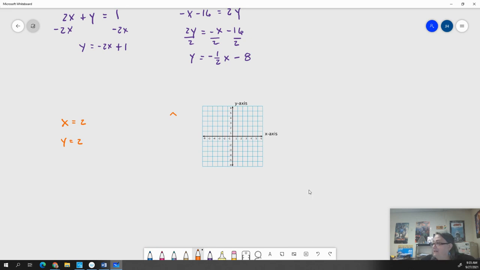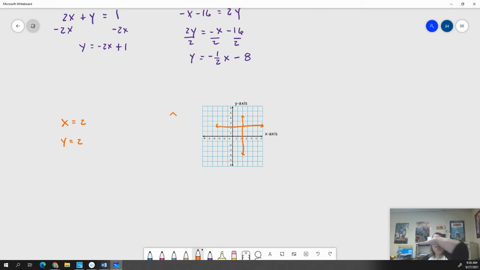What if I had, so if I have x equals 2, that means this whole line right there. And if I have y equals 2, it's this whole line right here, right? They're actually perpendicular, right? Think about this.